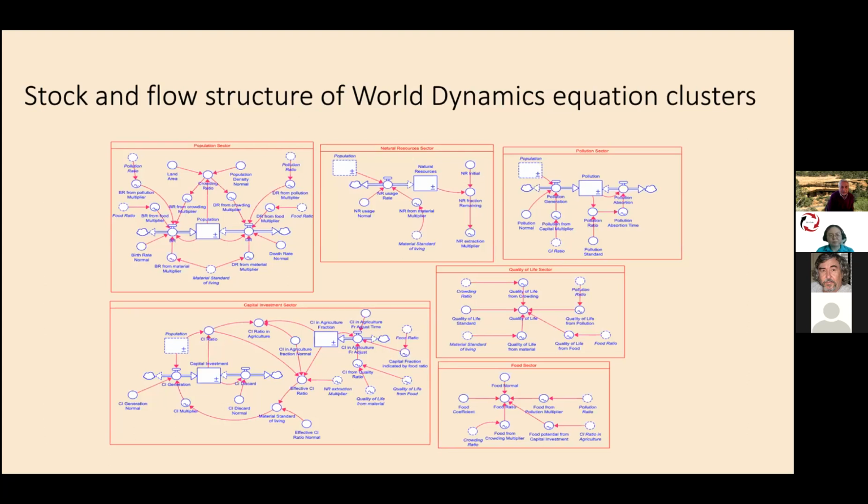So the information lines are not there. Well, the information lines and the flow lines are not there connecting from one sector to another, correct? Exactly. Okay, all right. Thank you.